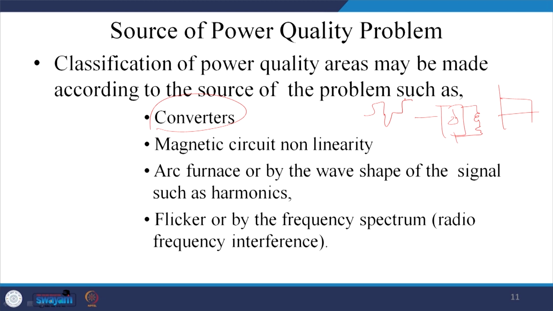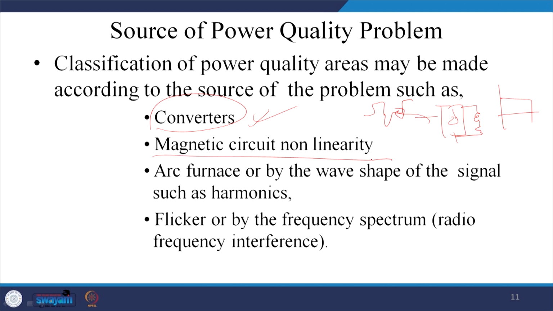So, you can do Fourier series analysis and find out what the harmonic content is. Depending on the capacitor, on RL, RC and different combinations, the input current profile will be distorted.